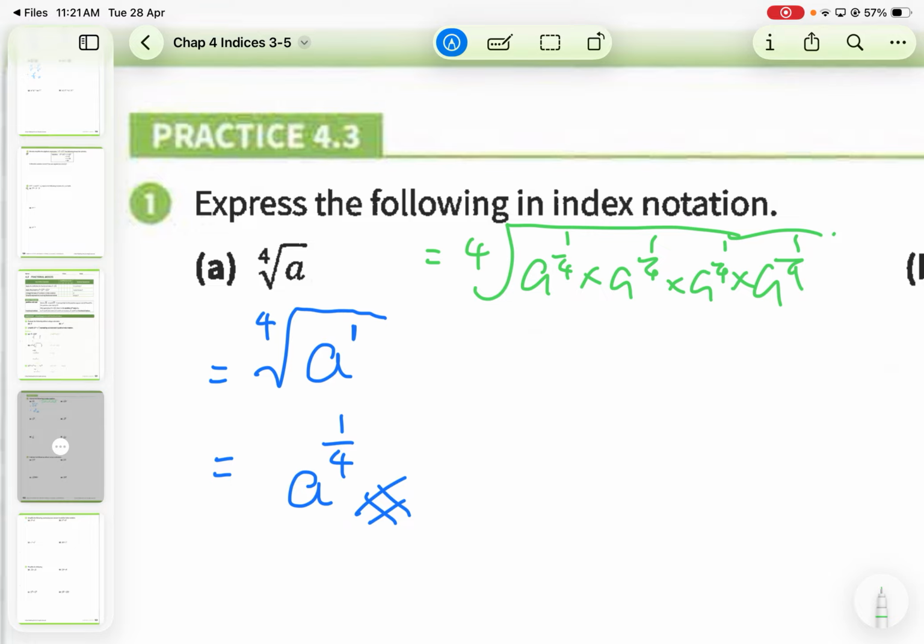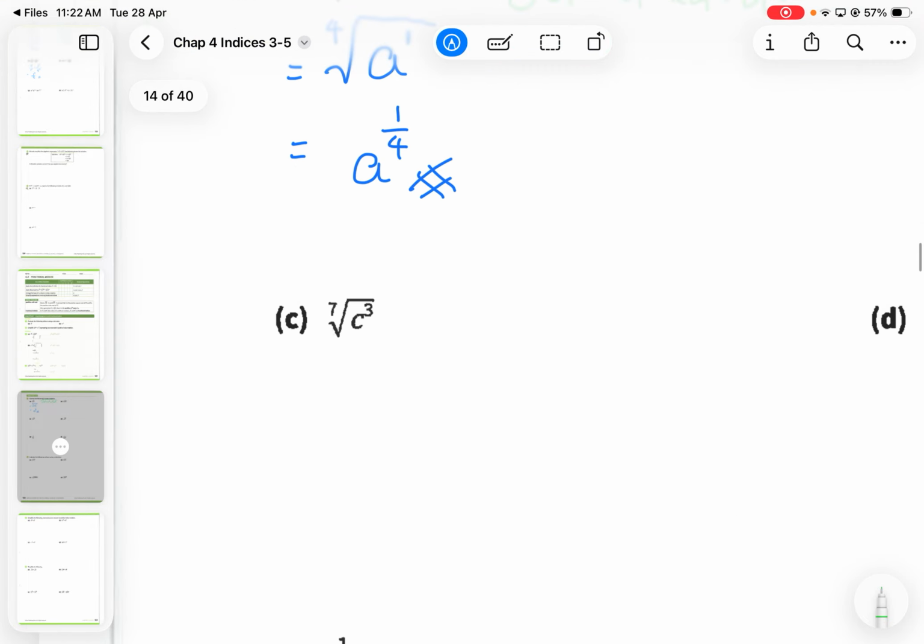Okay? That is why. But once you know, we can always just divide the power by 4. I don't need to go through this. I don't even need to write this second step. If you know A is actually power 1, you don't even need to write this step. Okay? So let us take a look again.